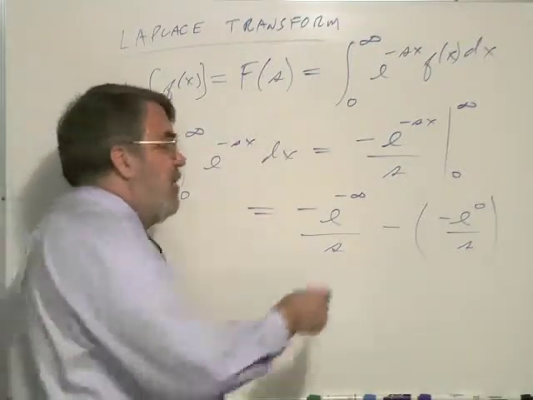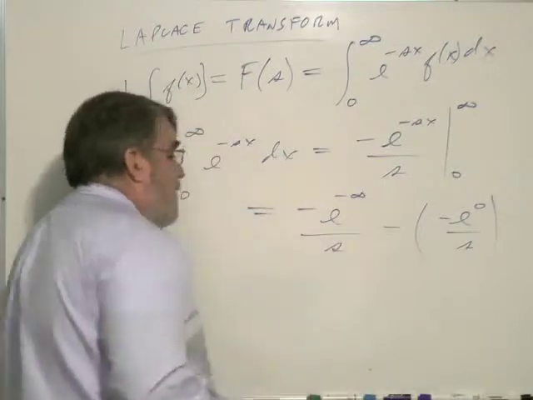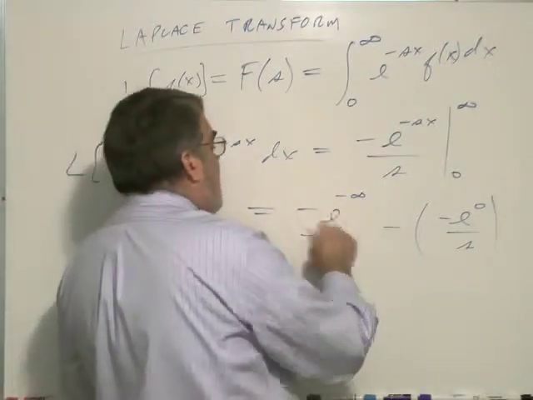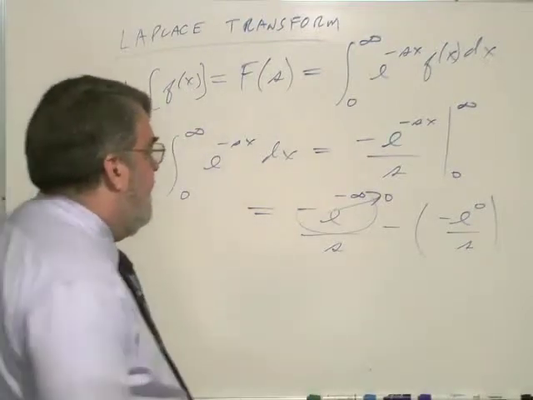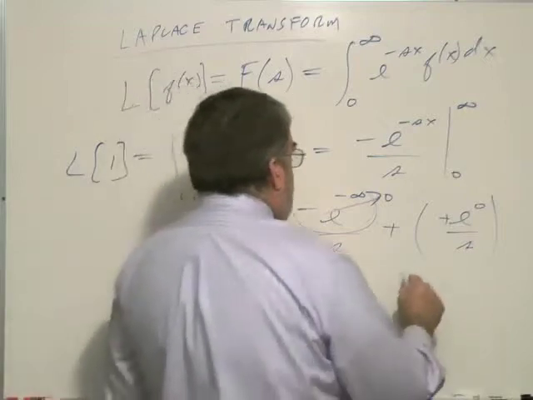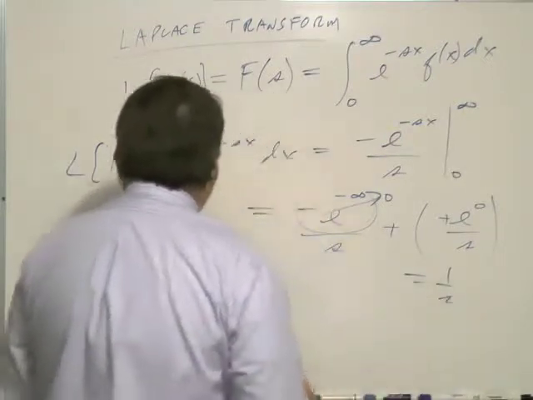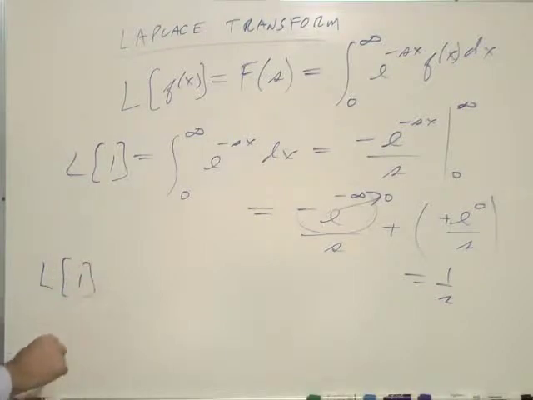Yeah, you're supposed to write this with limits and so forth, but as x goes to infinity, this goes to 0, doesn't it? e to the minus infinity just drops down to 0. So the first term is 0, and negatives cancel, e to the 0 is 1. This equals 1 over s. Alright, so we have our first little formula here.